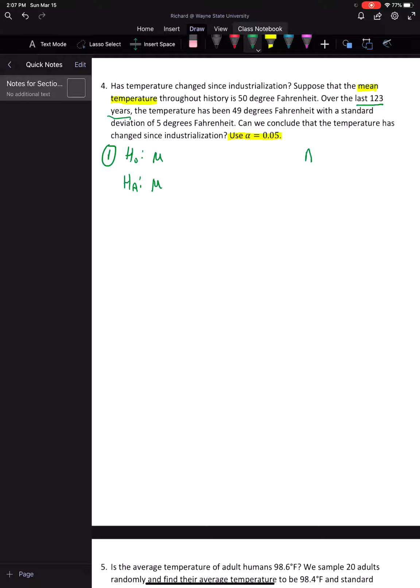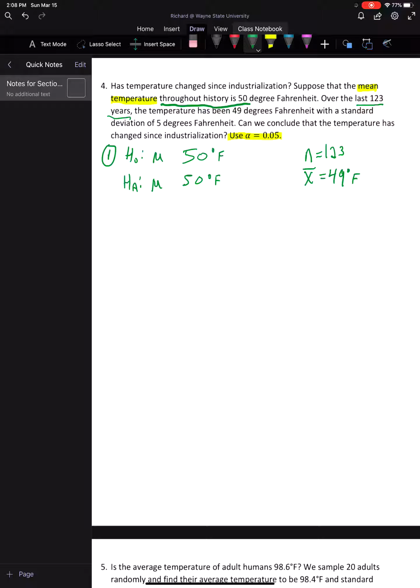So n in this case is going to be the 123, and the x bar, or the sample mean, is the 49 degrees. Okay, now I want you to look at the sentence above it. It says, suppose that the mean temperatures throughout history, that's a parameter. So the hypotheses have to be dealing with 50 degrees Fahrenheit. And maybe I should use proper units. There we go.